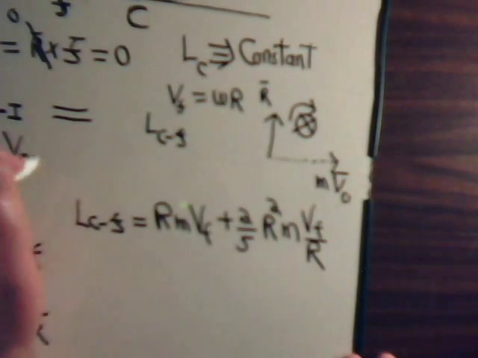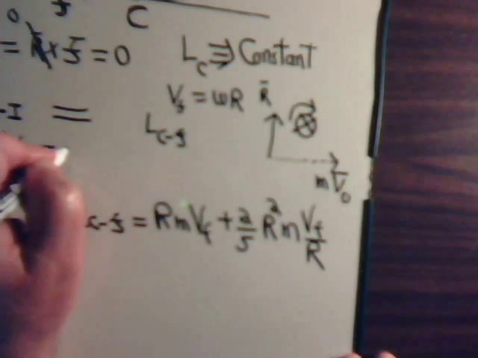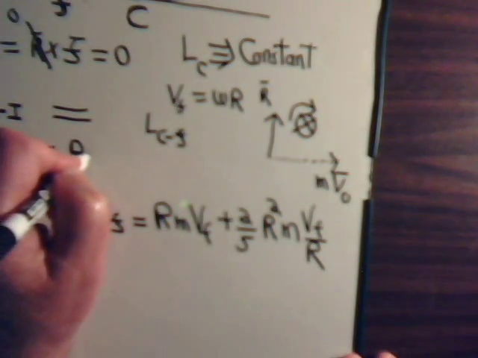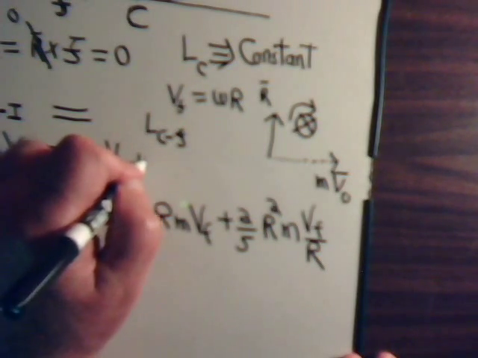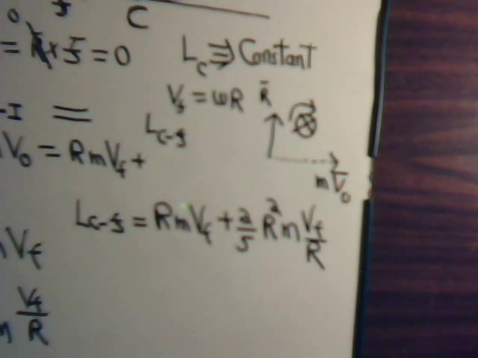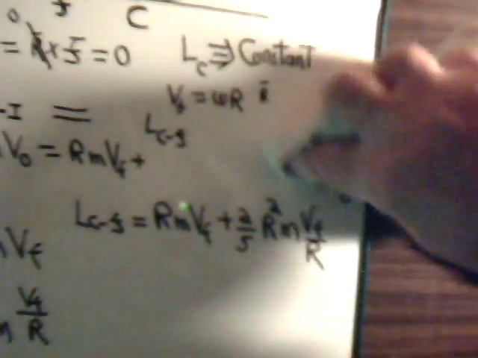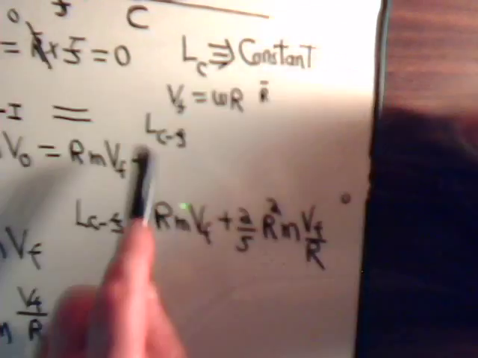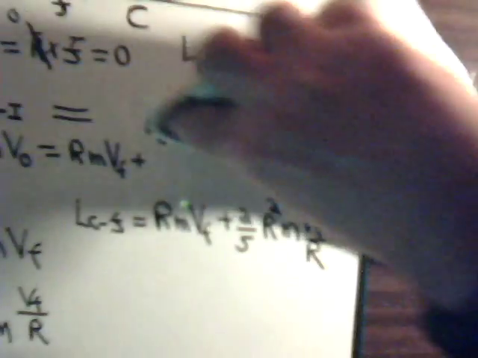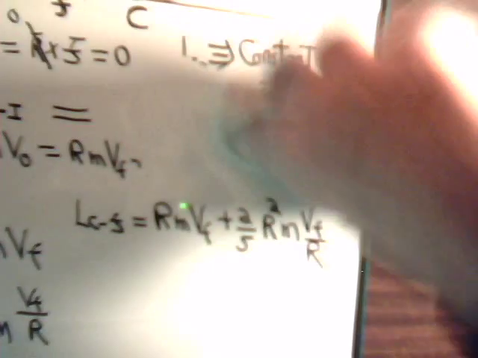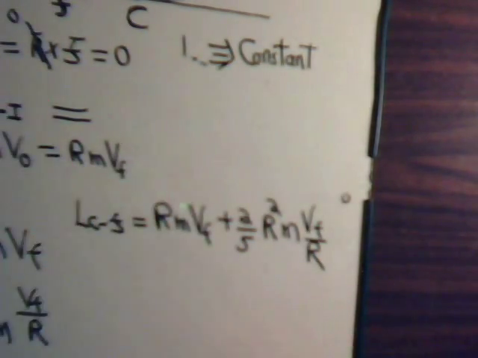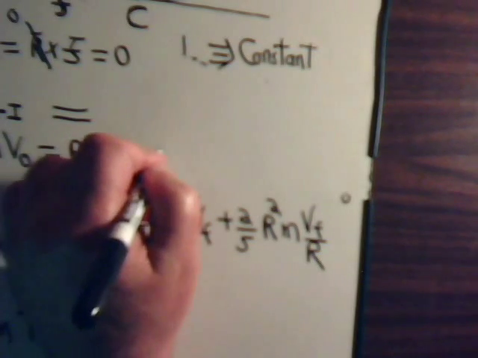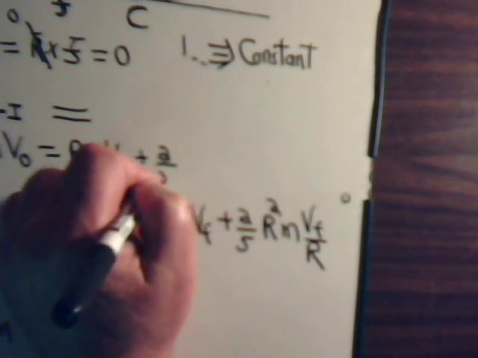So this has to equal Rm Vf plus, and let's make some room, this is the final angular momentum I'm writing down here now. Rm Vf plus 2/5.